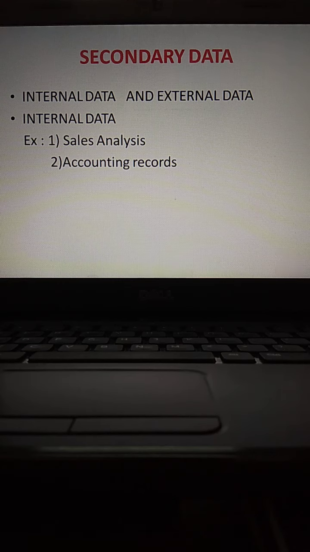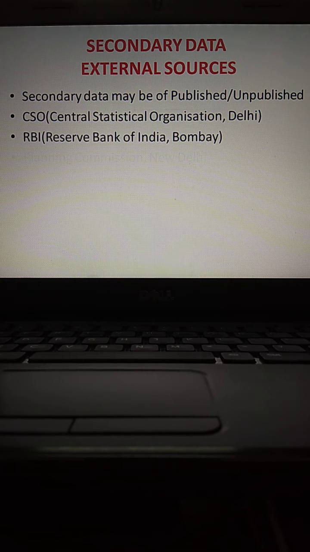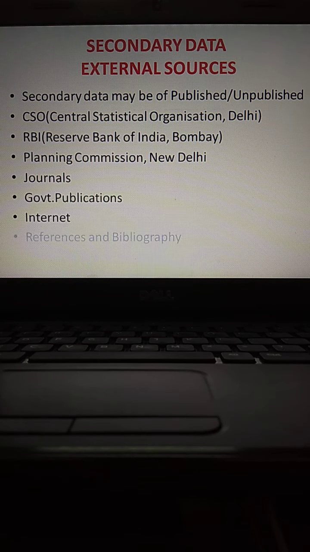Now as far as the external secondary data is concerned, these are the various sources. The CSO, Central Statistical Organization, is a central government organization which provides various valuable information for every business organization.